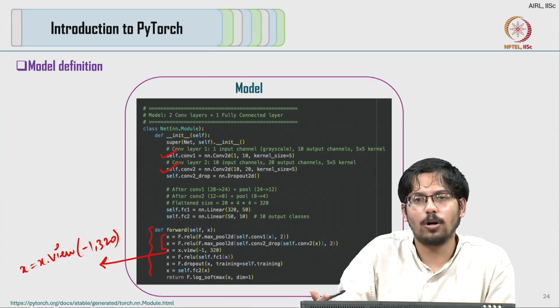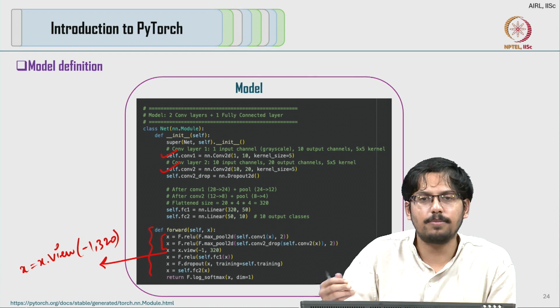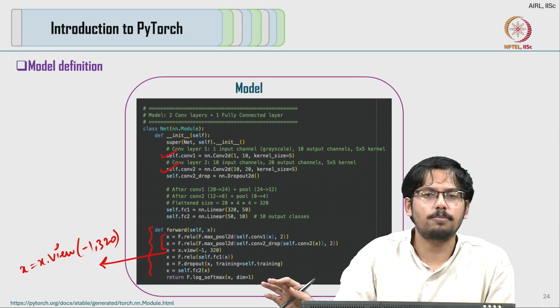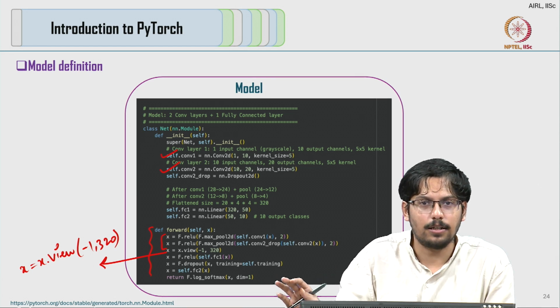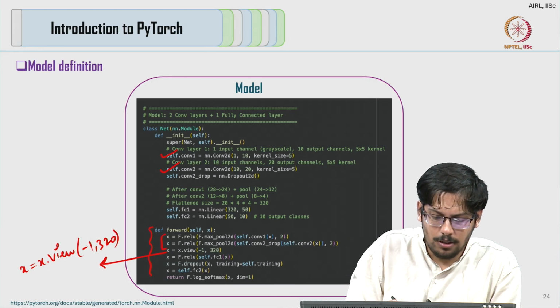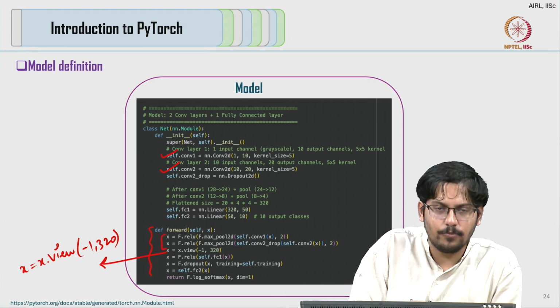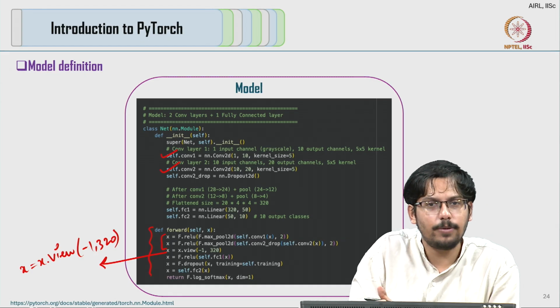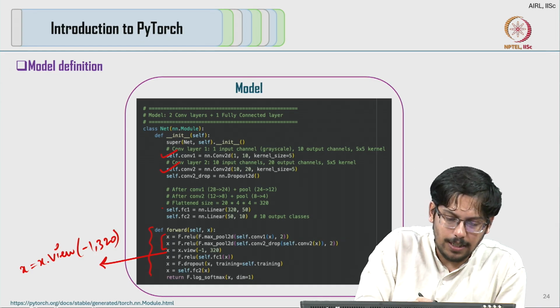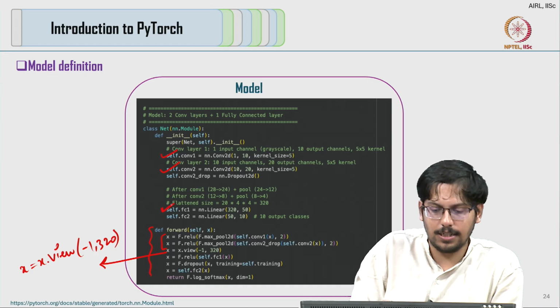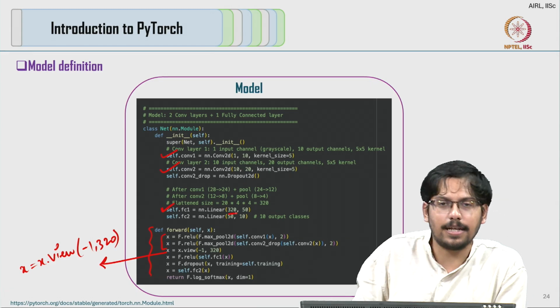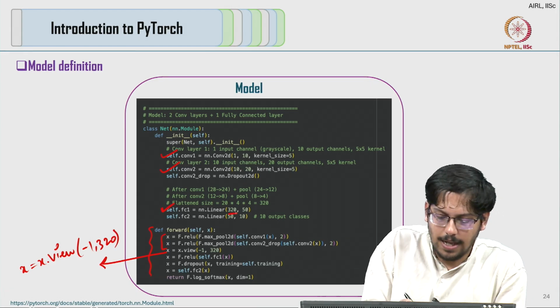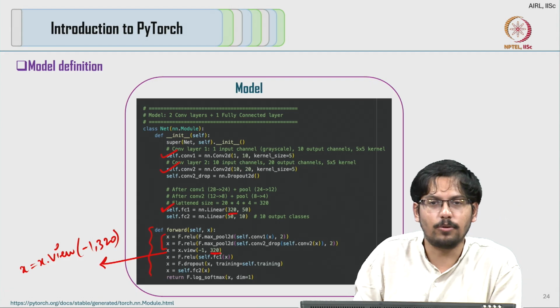Once we have convolution layers, the feature map needs to be flattened and then passed into the fully connected layers. Why 320? Because the input to the first fully connected layer expects 320 input features, and hence we make it 320.